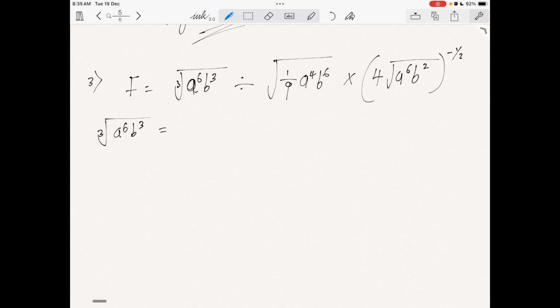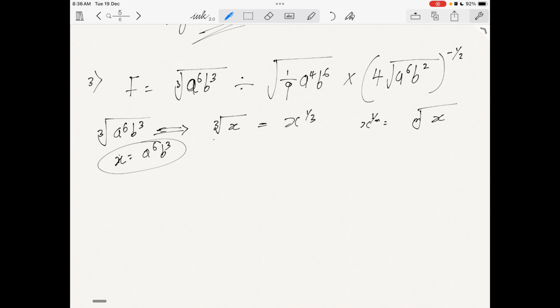Now, since we are applying the rule that x raised to power 1 over m is equal to the mth root of x, if x is equal to a raised to power 6 b raised to power 3, then the cube root of x gives me x raised to power 1 over 3.